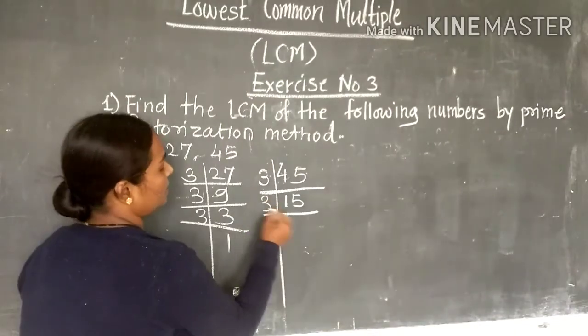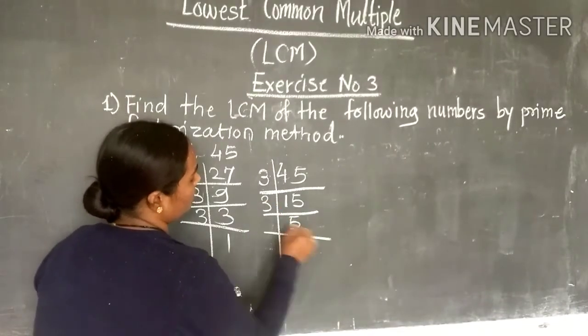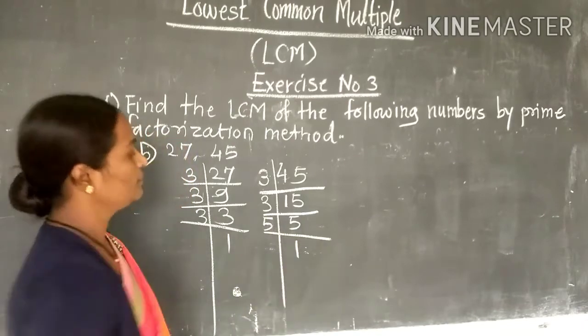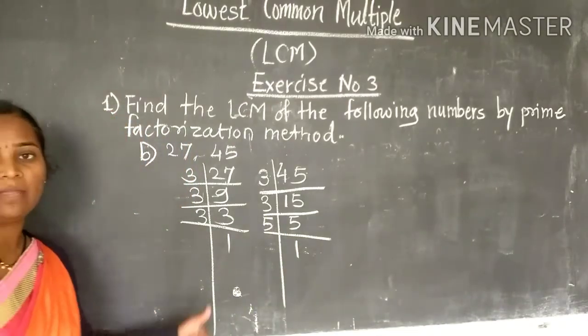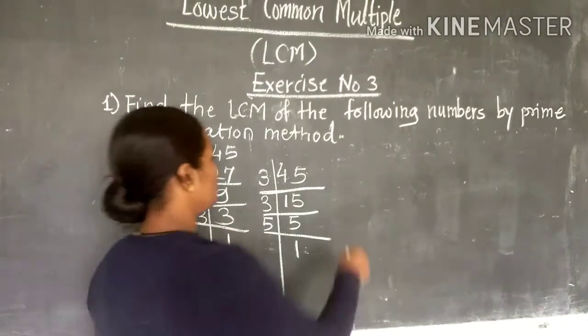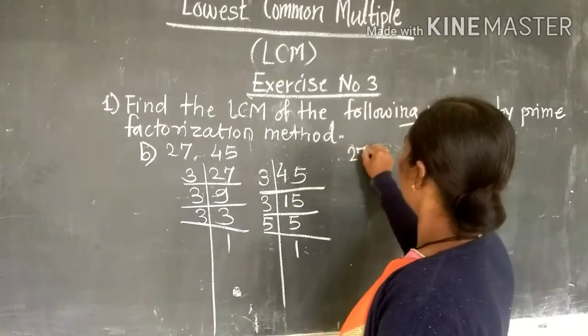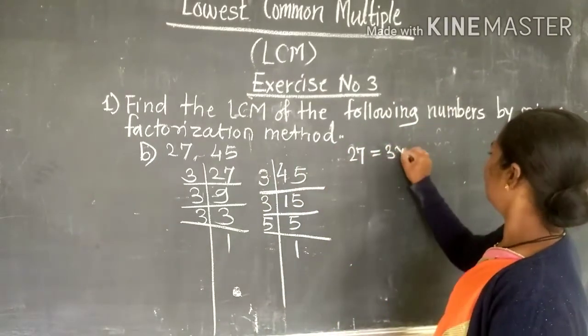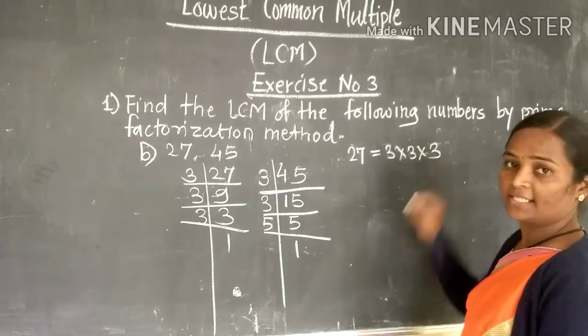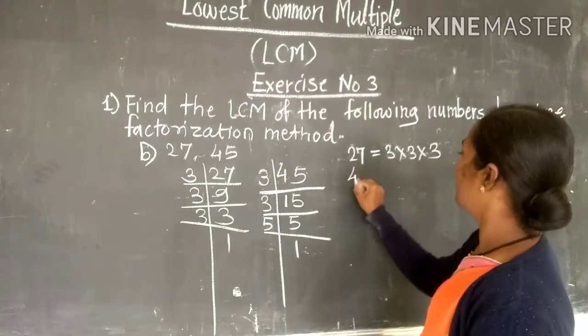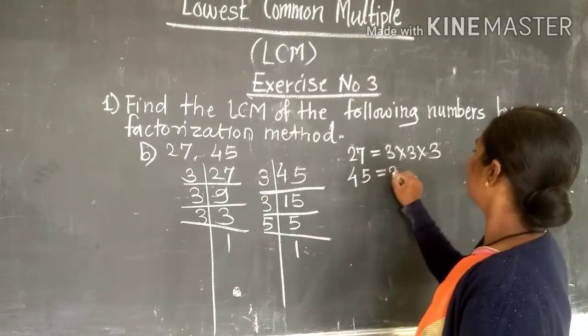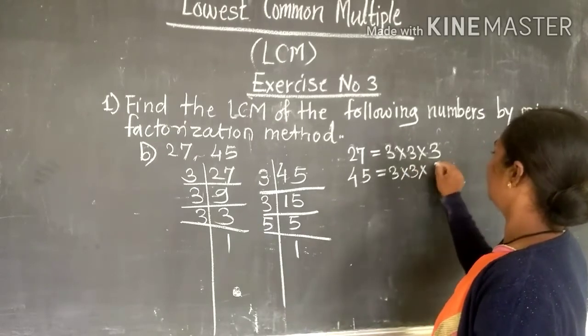So 3 5s are 15, 5 1s are 5. So we got the prime factors. Write 27 as 3 into 3 into 3, and 45 as 3 into 3 into 5.